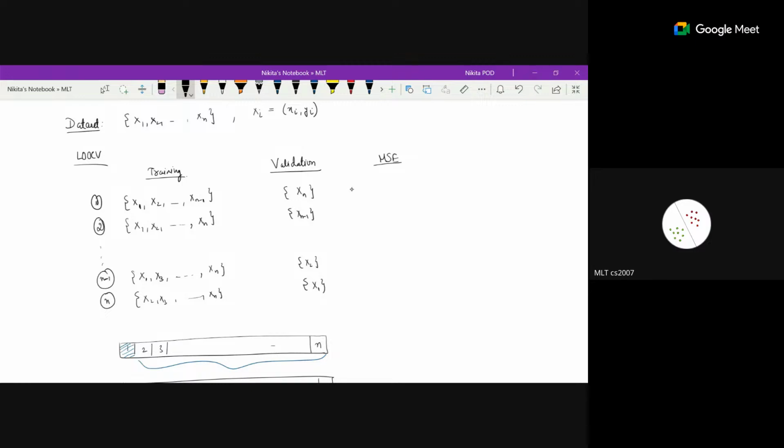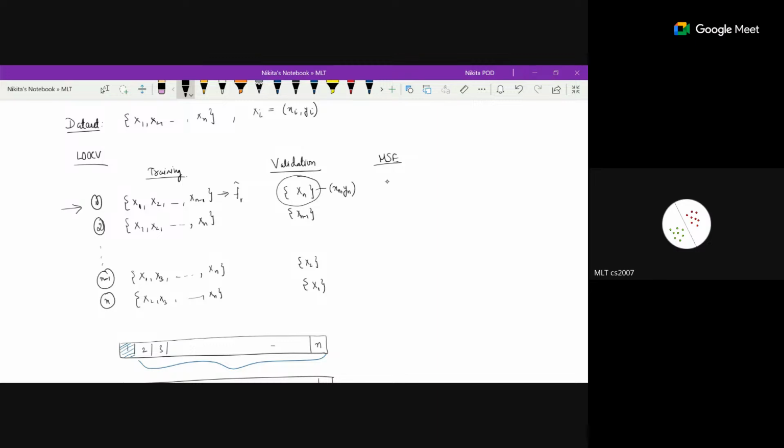So what will the mean square error be for the very first split that you have taken? Let's say once you train the model on this data set, the model that you get is f1 hat. If it is f1 hat and you have to validate on this xn, what is my xn? xn is (xn, yn).